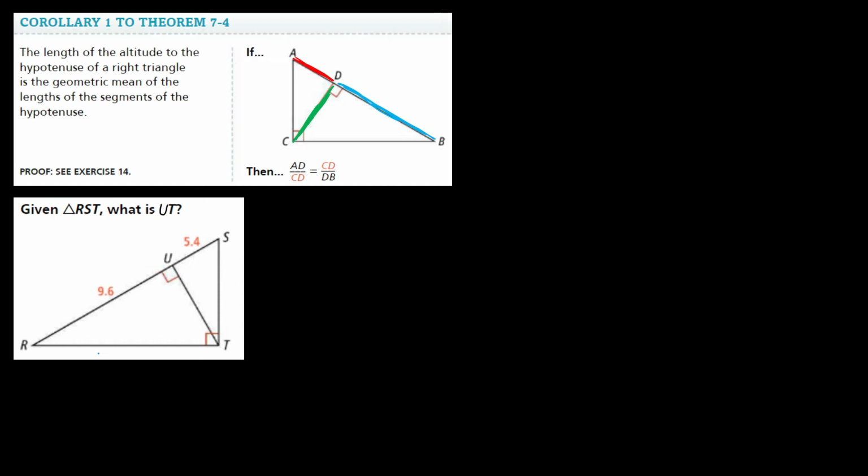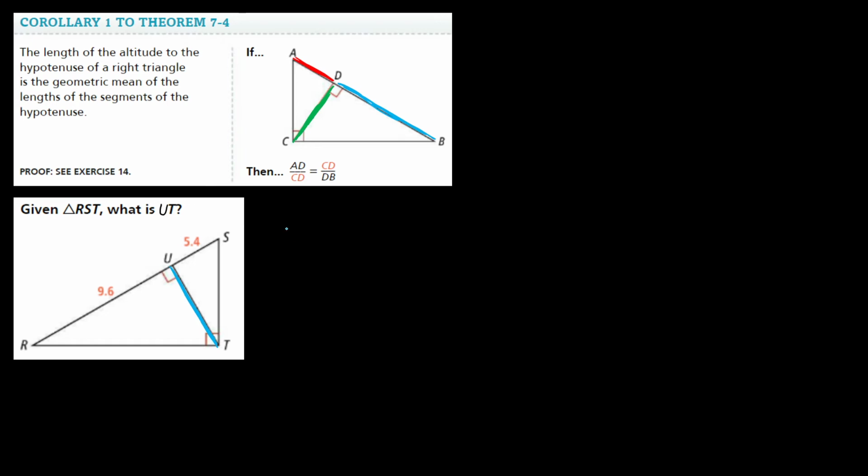So let's apply that to this triangle. Given triangle RST, we need to find the length of UT. And again, UT is the altitude. And we know that the altitude is the geometric mean of both parts of the hypotenuse.